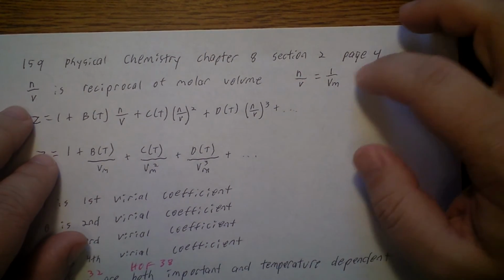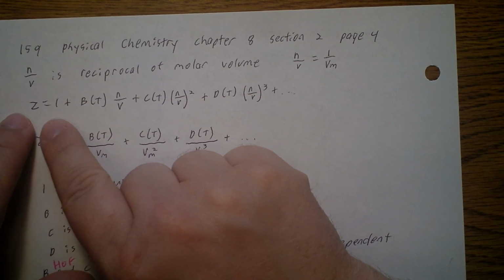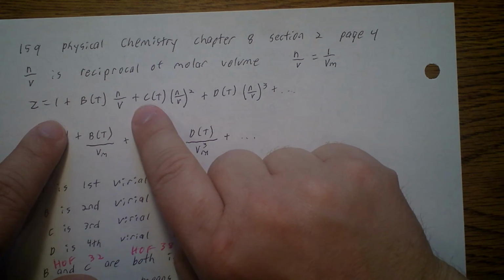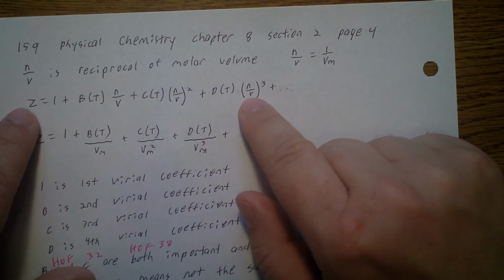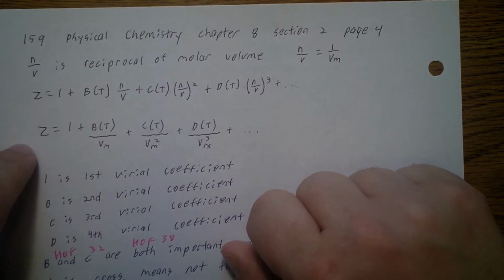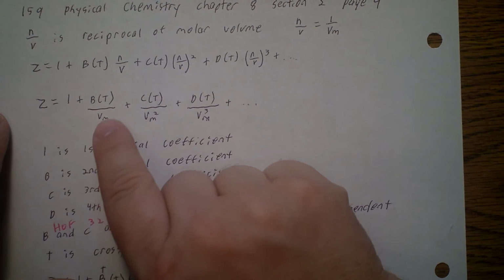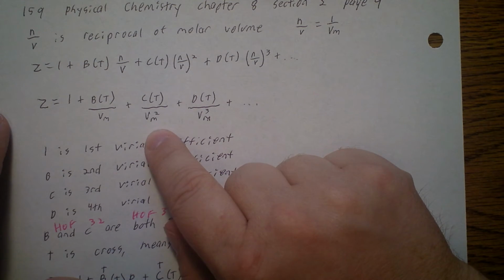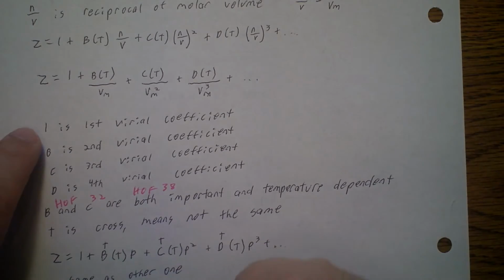We're going to write the compressibility as 1 plus B of temperature times n over V plus C of temperature times n over V squared plus D of T times n over V cubed, etc. Or you could write that Z is equal to 1 plus B of T over the molar volume plus C of T over the molar volume squared plus D of T over the molar volume cubed, etc.